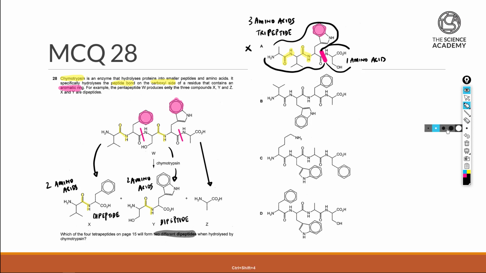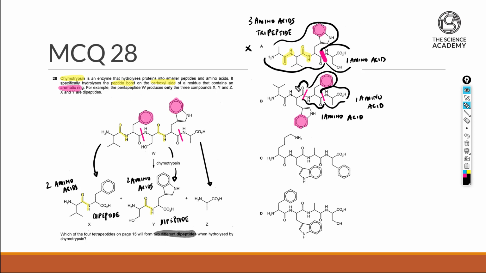Now take a look at the case of B. We have two benzene rings. So we should be expecting two cleavages on the carboxyl side. So we're going to have one of it here, and we're going to have one of it over here as well. So post cleavage itself, you're left with one amino acid. The residue that's in the middle is also considered to have only one amino acid.